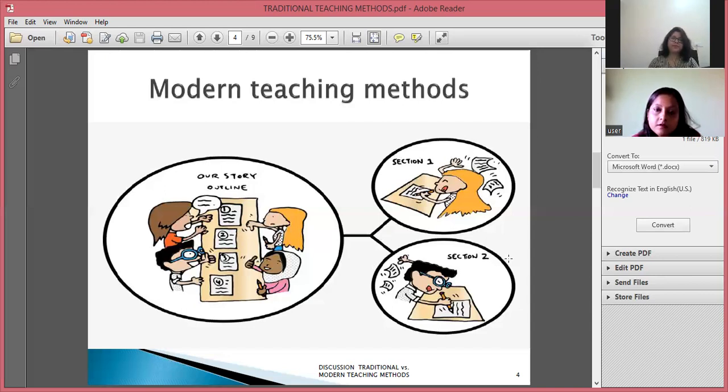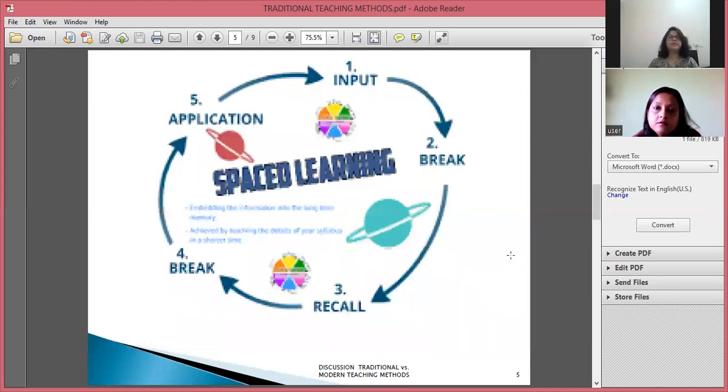Next picture, let's go to some other method. This is called spaced learning. In spaced learning, the teacher delivers the concept, then there is a 2 to 10 minute break, and then it is repeated.